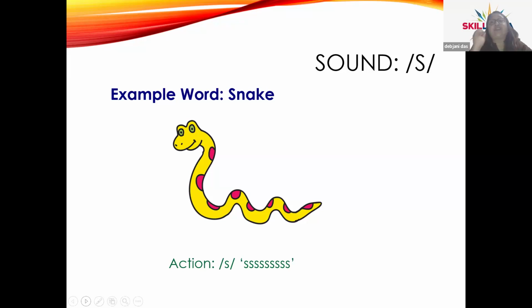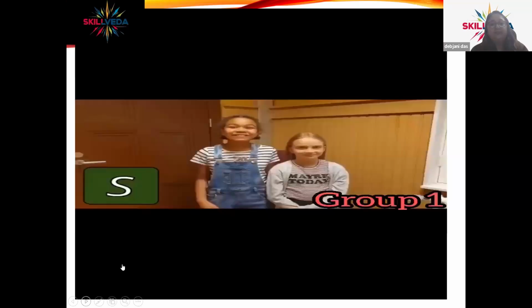The snake is on the grass. So we can tell them a story: I went to a picnic with my father and mother, beside a pond, sitting under a tree, and suddenly what did we see? We saw a big yellow snake passing through us. So you can tell a story. Snake.